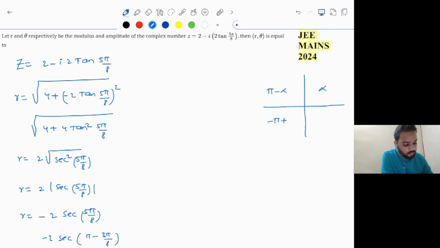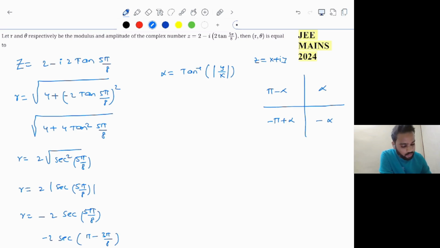If it is in the third quadrant, minus π plus alpha. And if it is in the fourth quadrant, you write the answer as minus alpha. But what is alpha here? The basic formula: alpha is equal to tan inverse of modulus of y by x, for the complex number z equal to x plus iy. So this is the standard method to find the argument of any complex number.